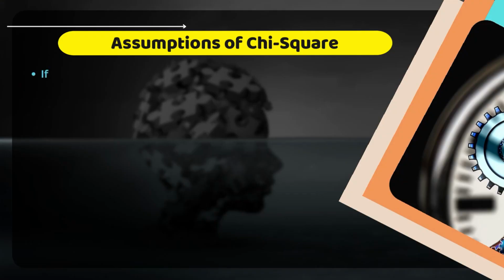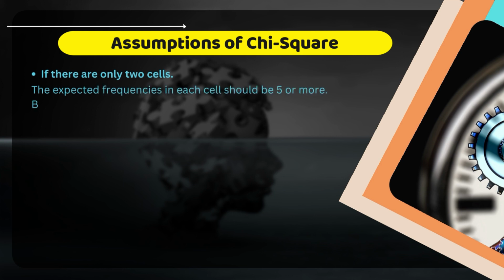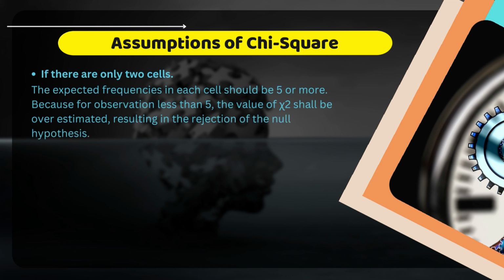Next assumption of chi-square test is, if there are only two cells, the expected frequencies in each cell should be 5 or more, because for observations less than 5, the value of chi-square shall be overestimated, resulting in the rejection of the null hypothesis.